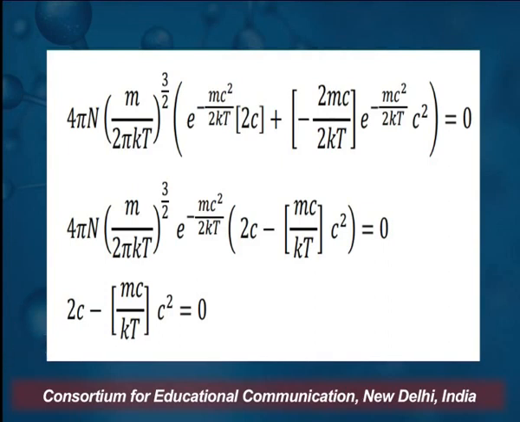The term outside the bracket, that is 4πN (m by 2πkT)^(3/2) e^(-mc²/2kT), becomes 0 on transposing it to the right hand side. So what are we left with? We are left with 2c minus mc³ by kT equals to 0.